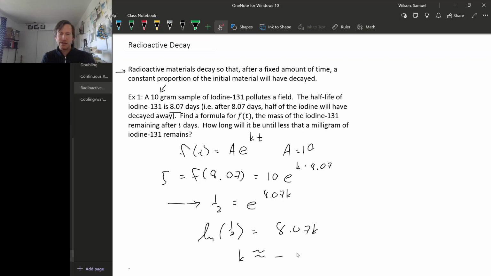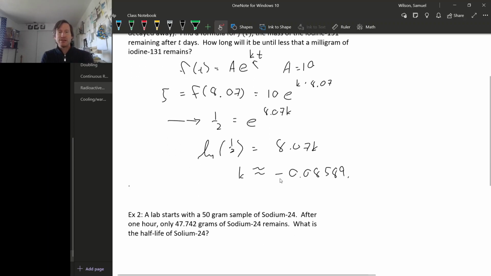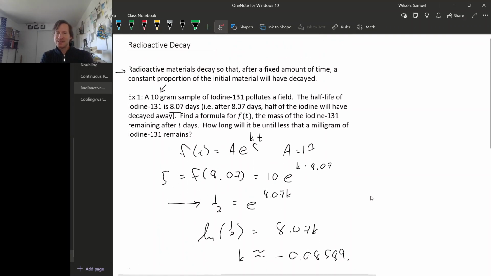So that's negative 0.08589. And the fact that this is negative is what makes this exponential decay, right? Because this k value is negative.